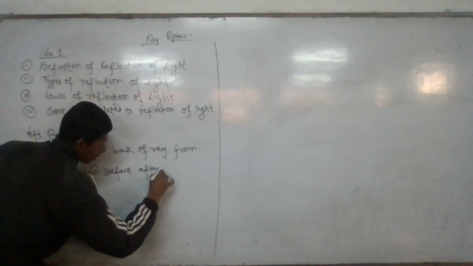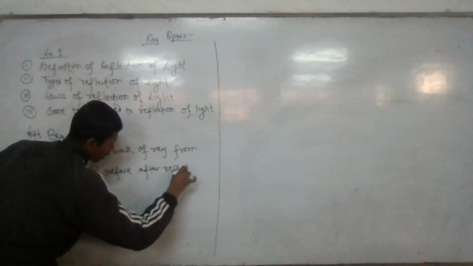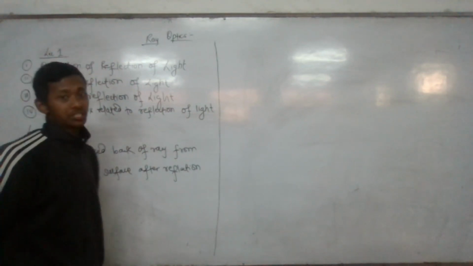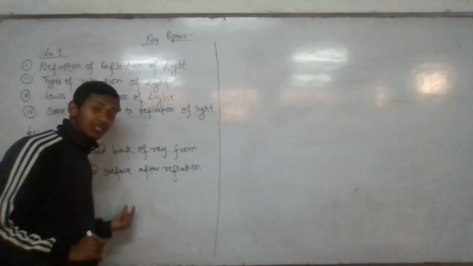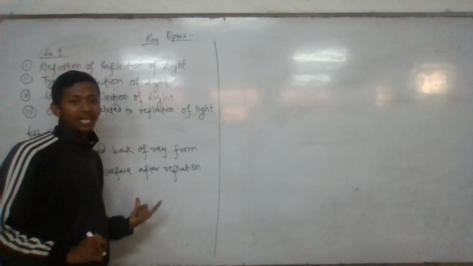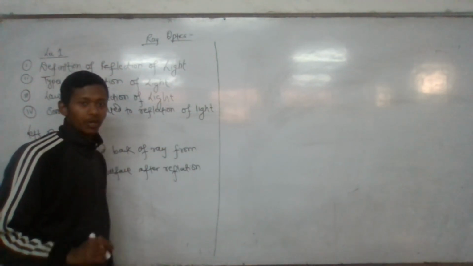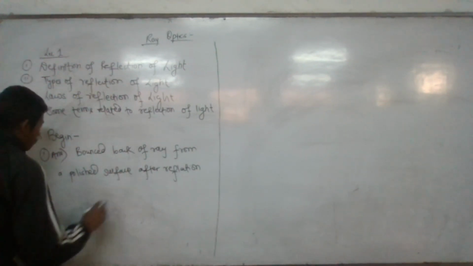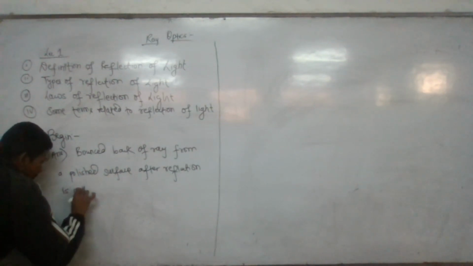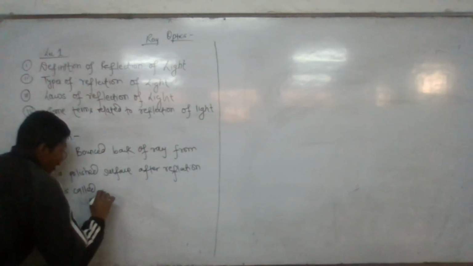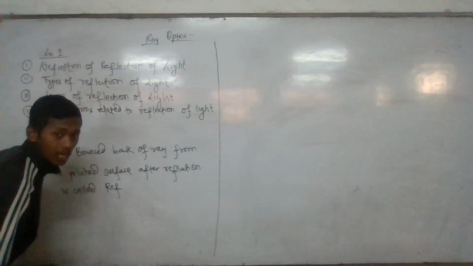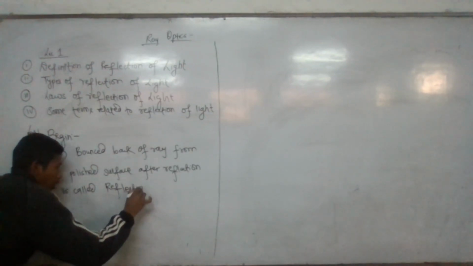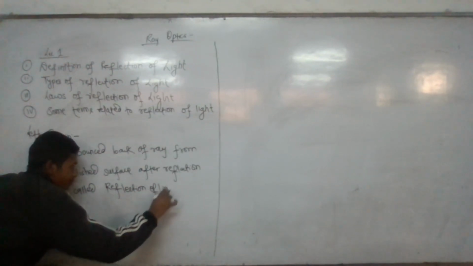After reflection it is called reflection of light. I said polished surface, not smooth surface. That polished surface can be a smooth surface also, a soft surface. I already said polished surface.